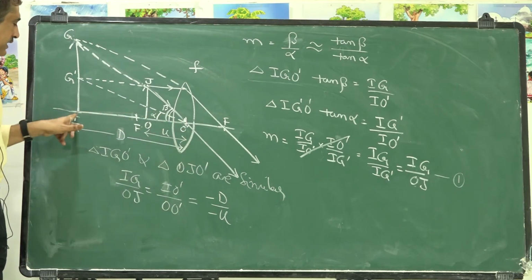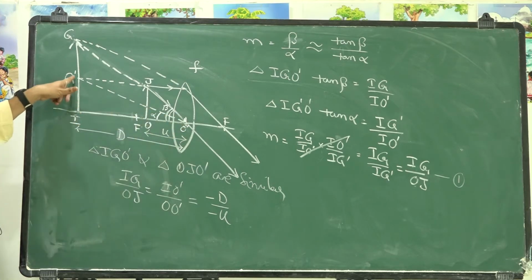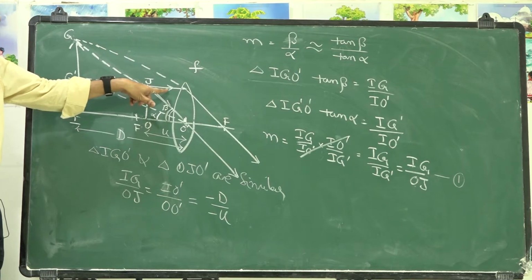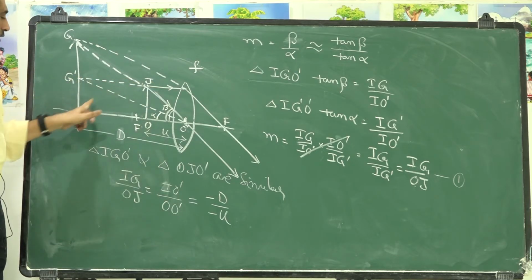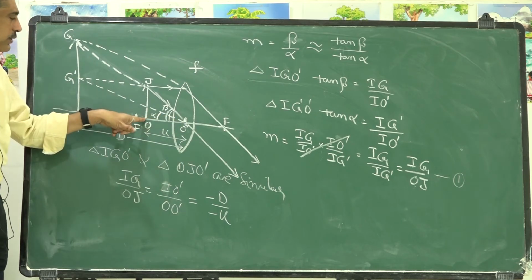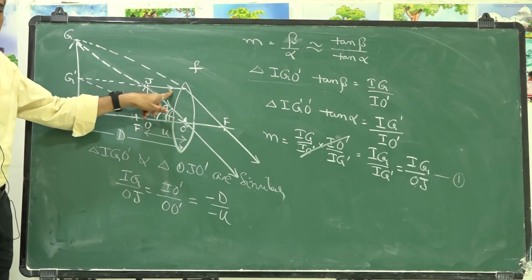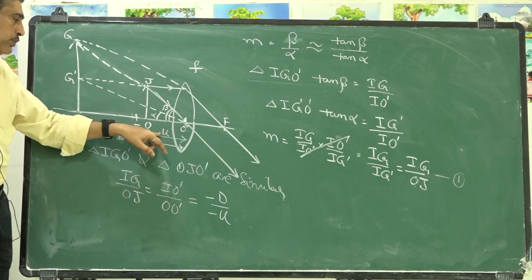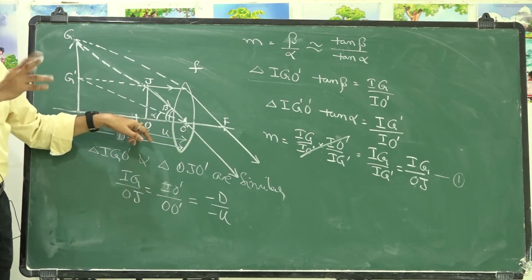So this distance IO dash is in the direction opposite to the direction of propagation of light. That's why D is taken as negative, and similarly U is also opposite to the direction of propagation of light, so U is also taken as negative as per sign convention.